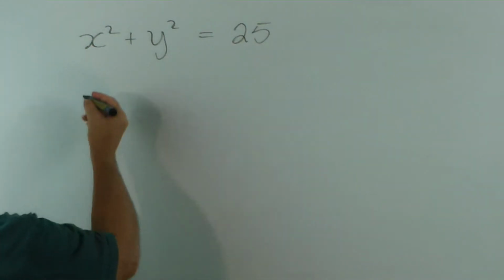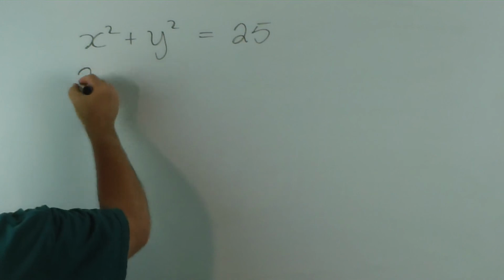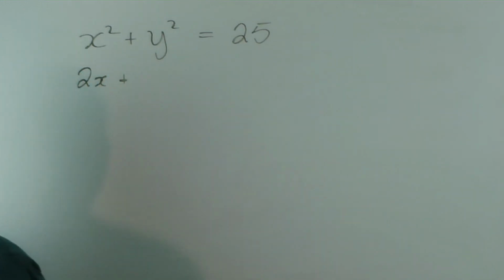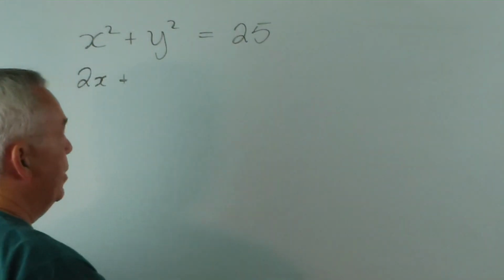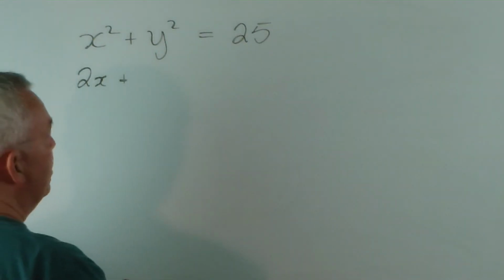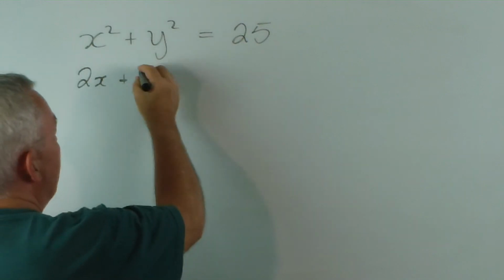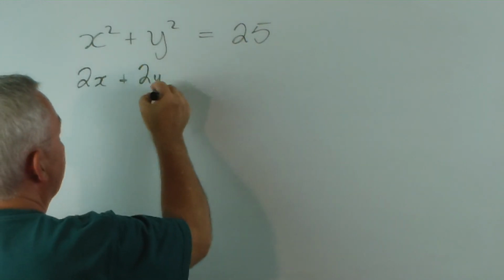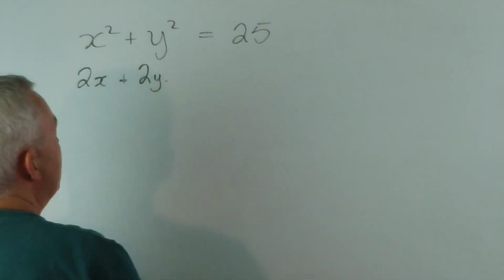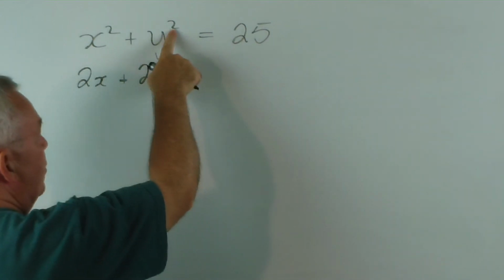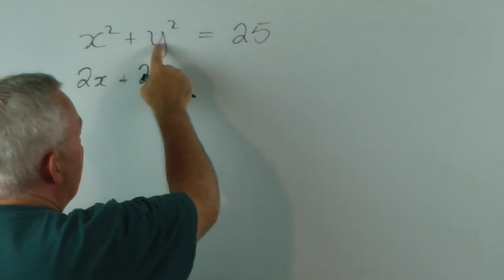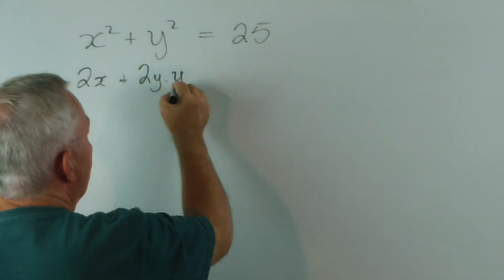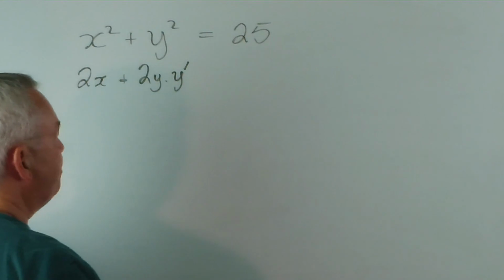The derivative of x squared is simply 2x, you know that. The derivative of y squared, now beware, it's a function of y, and we're taking the derivative with respect to x. So the derivative of y squared is 2y times, because we've taken the derivative with respect to that power, the derivative of the function inside, which I'm going to write as y dash.